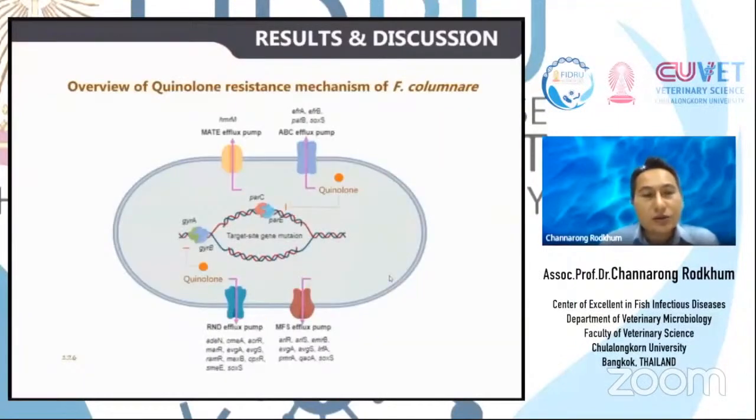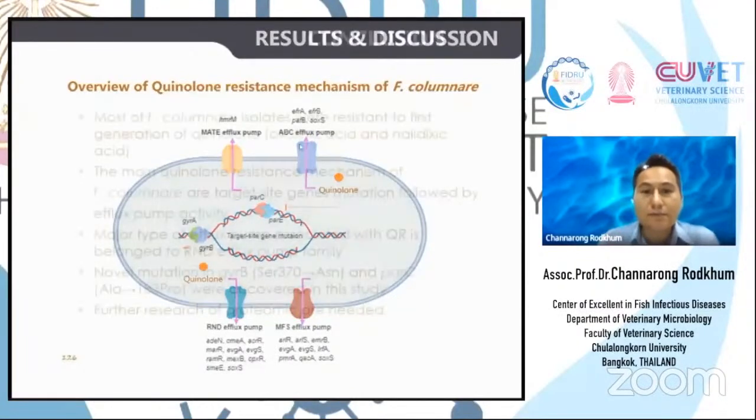This is our conclusion after we studied whole genome sequencing of the bacteria. We can give an overview of quinolone resistance mechanisms of Flavobacterium columnare, including target site gene mutation and many genes related to the efflux pump.